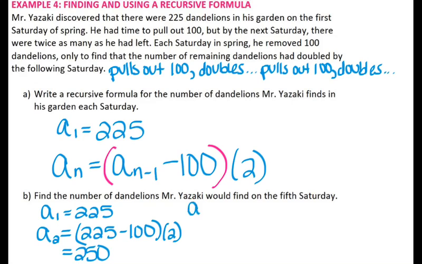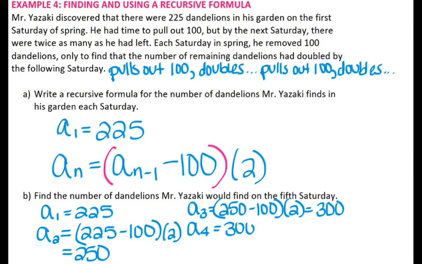If I want to know the 3rd Saturday, I'm going to take the amount on the 2nd Saturday minus 100 and then multiply by 2, because again, he's pulling out 100, but what happens after he pulls out 100 is that it doubles. So that's 300. And then for the 4th Saturday, same thing. He starts with the 300, he pulls out 100, and then the dandelions double.